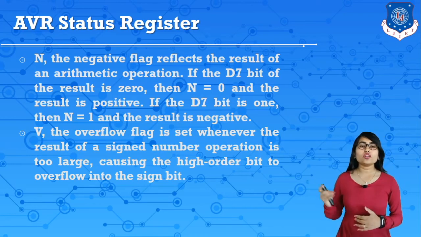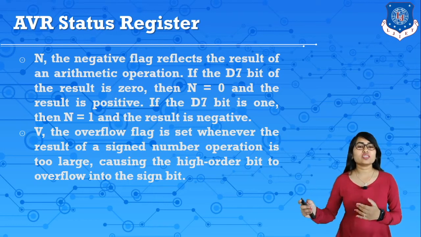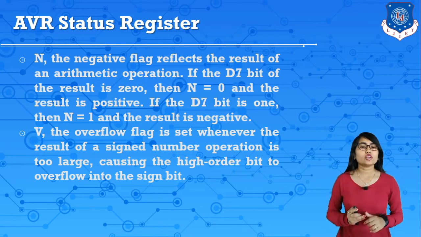Then next there is the overflow flag. This overflow flag is set whenever the result of a signed number operation is too large. For example, in multiplication, if we have a large result, some bits are missing because it cannot store all the bits. That's why the overflow flag is set whenever a too large result occurs after arithmetic and logical operations.